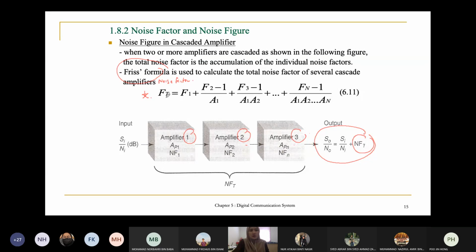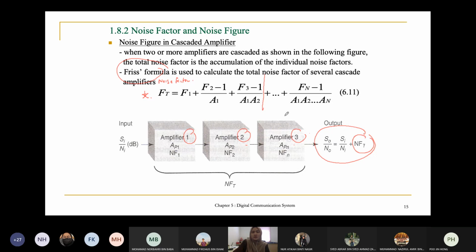Ft is equal to F1 plus F2 minus 1 divided by A1 plus F3 minus 1 divided by A1 multiplied with A2. Since you only have 3 amplifiers, your Friis formula will stop here.